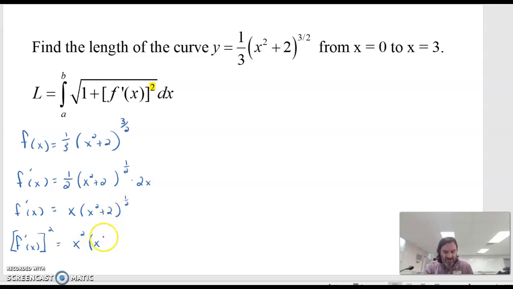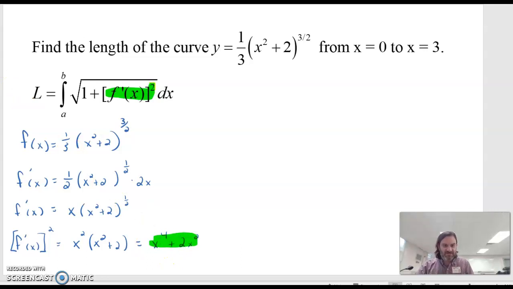Squaring the 1/2 power will knock it out. So it'll be x squared from this first term, times x squared plus 2. And if we distribute that, it looks like it'll be x to the 4th plus 2x squared. Okay, so that might look a little intimidating, but that is what we're going to plug in for f prime of x squared.